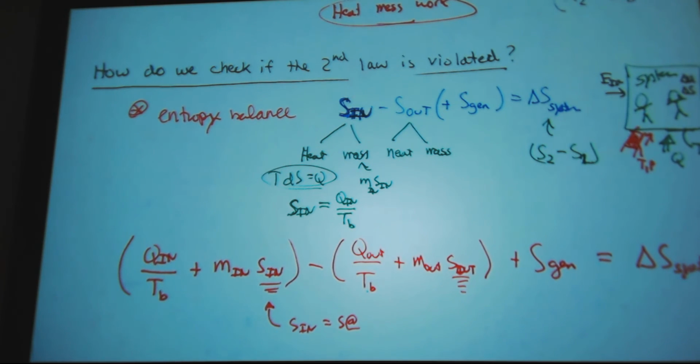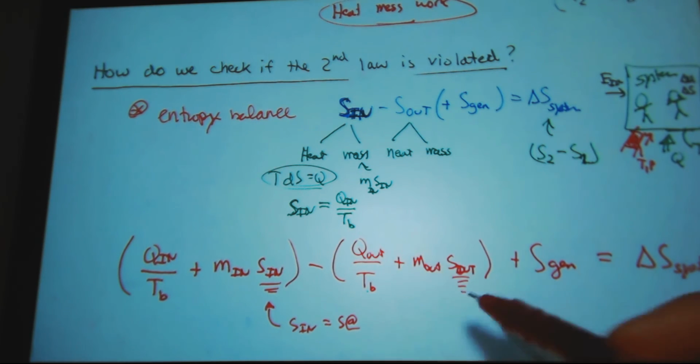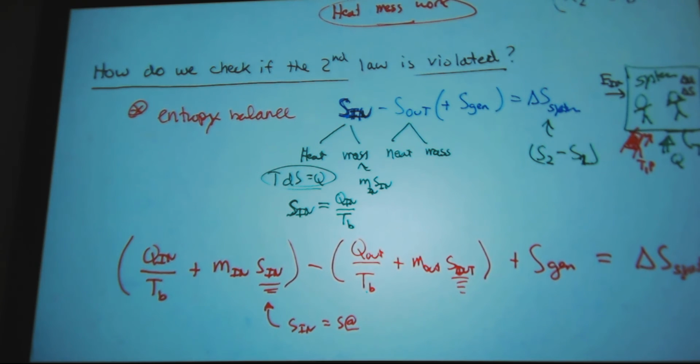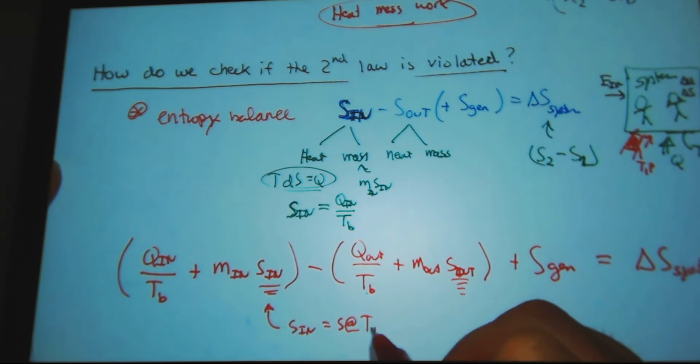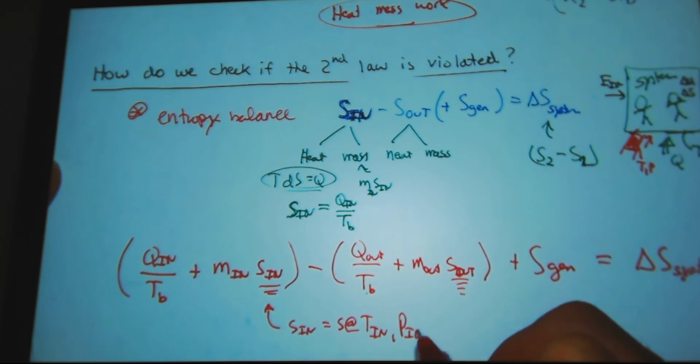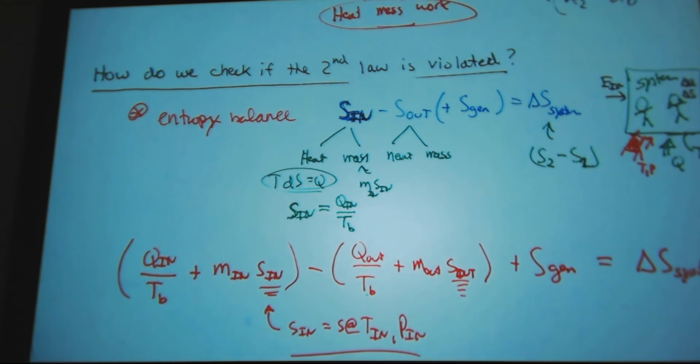Unless you're an engineer for DuPont or 3M making a new material, then you will have to go through that process of defining what the entropy per unit mass is, because if that fluid is used in a heat exchanger, they need to know if they're violating the second law of thermodynamics, so they need to know the entropy per unit mass. Okay, so we have that S at T_in, P_in.